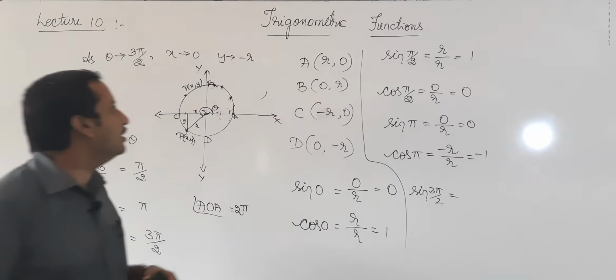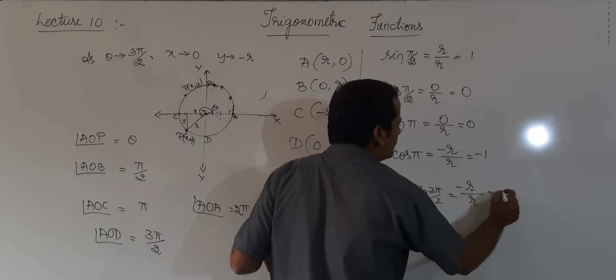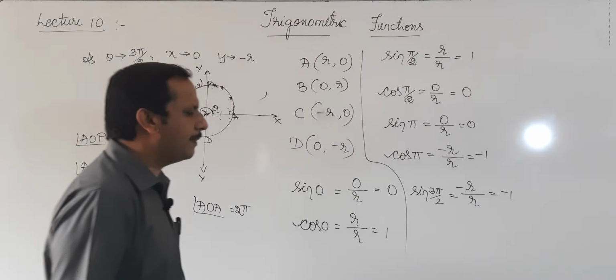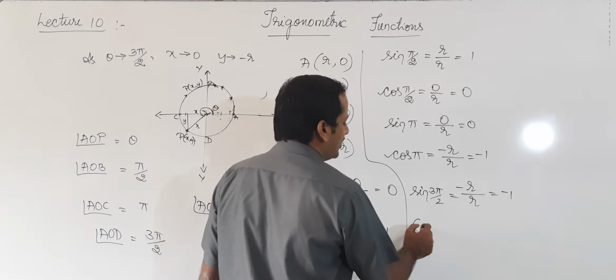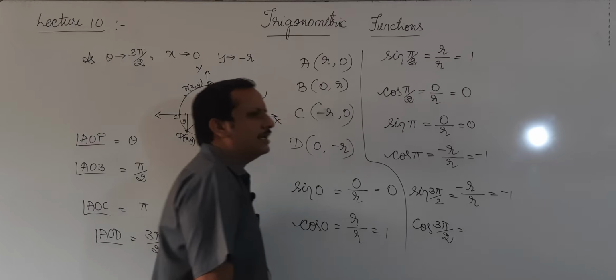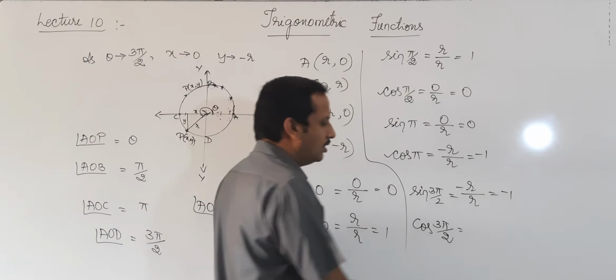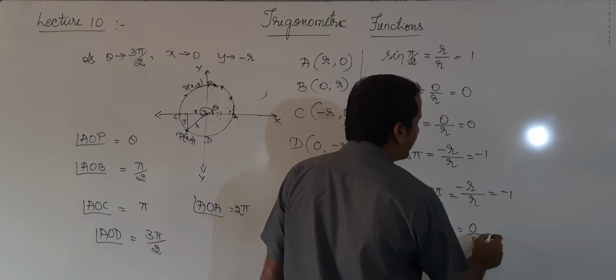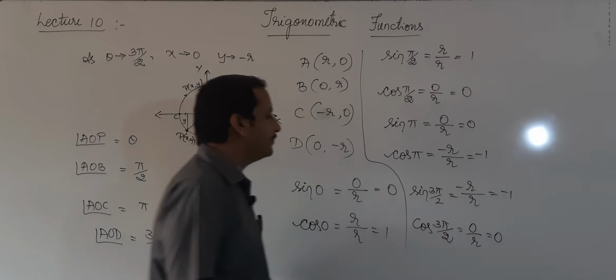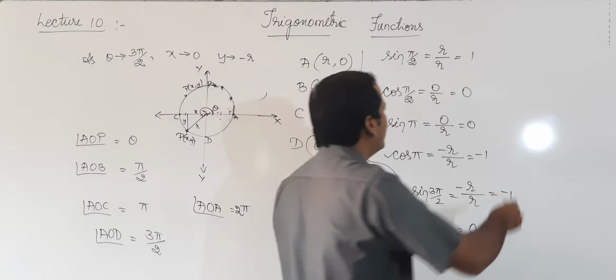So y by r. y is tending to minus r. So it will become minus r by r, which is equal to minus 1. Then cos 3 pi by 2 is equal to x by r. What is x here? In this case, x is approaching 0. So you get 0 by r, which is equal to 0. Sin 3 pi by 2 is minus 1. Cos 3 pi by 2 is 0.